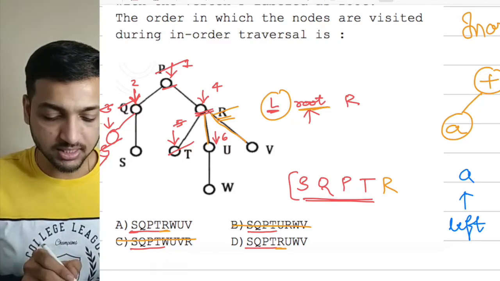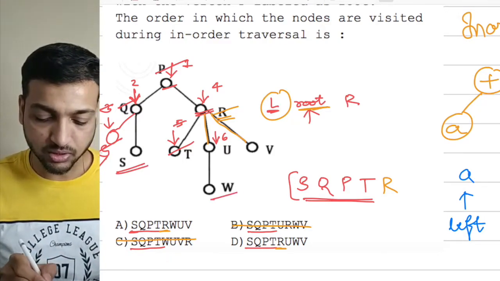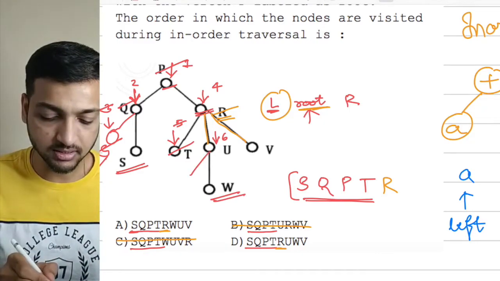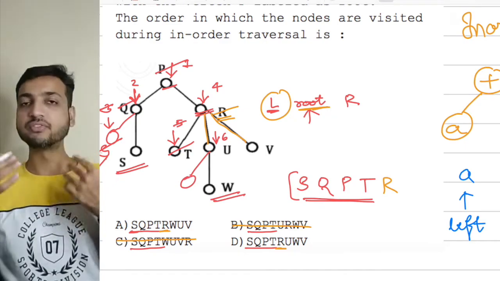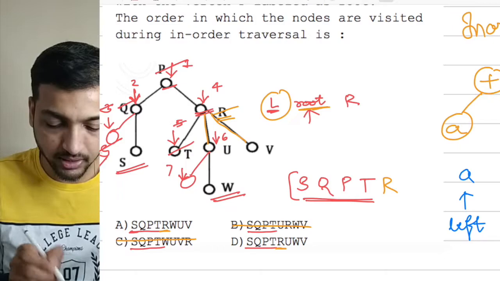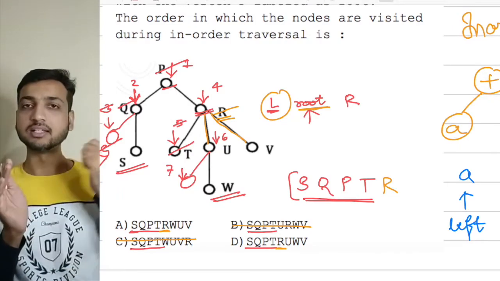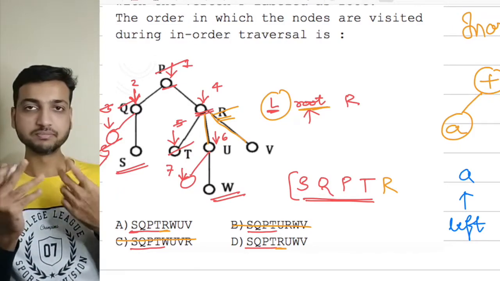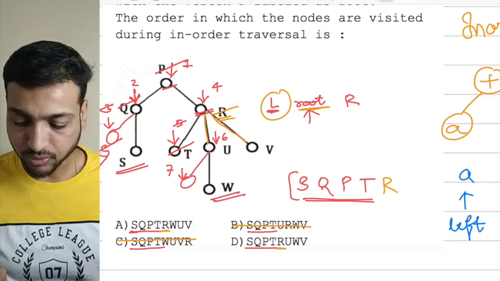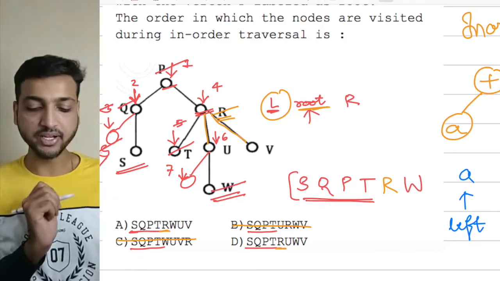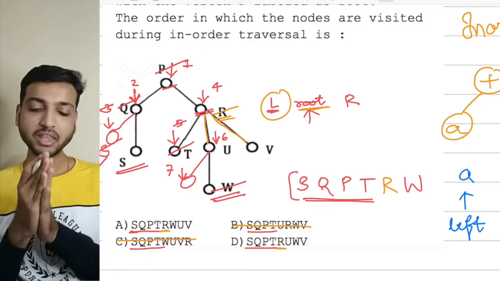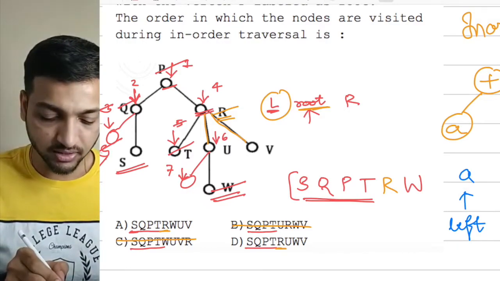Just like the node S, this node W can be considered as the left of U. So we immediately go to the left, we come here, this is my W, and then the left of W is null, so nothing, then W itself is visited. So after R I'm going to write here W, then W is struck out, and then we go to the right of W, but that is also null, so W is done. So we are done with 7.